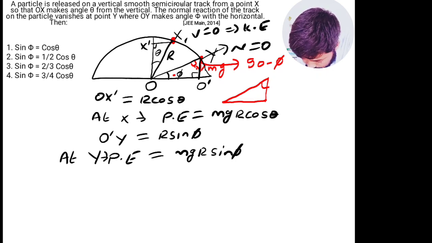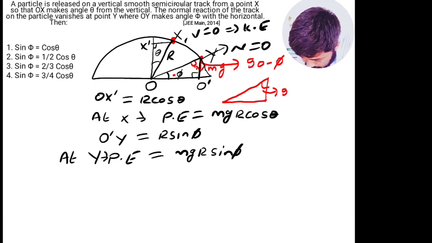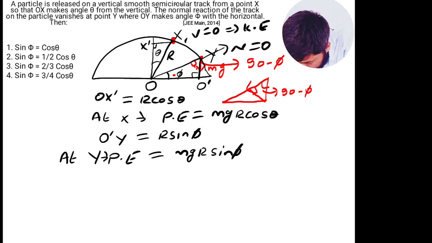So this is your mg, and from here you are drawing a perpendicular, where this angle is 90 minus phi. What will be the component of mg towards the center, meaning the radial component of mg?